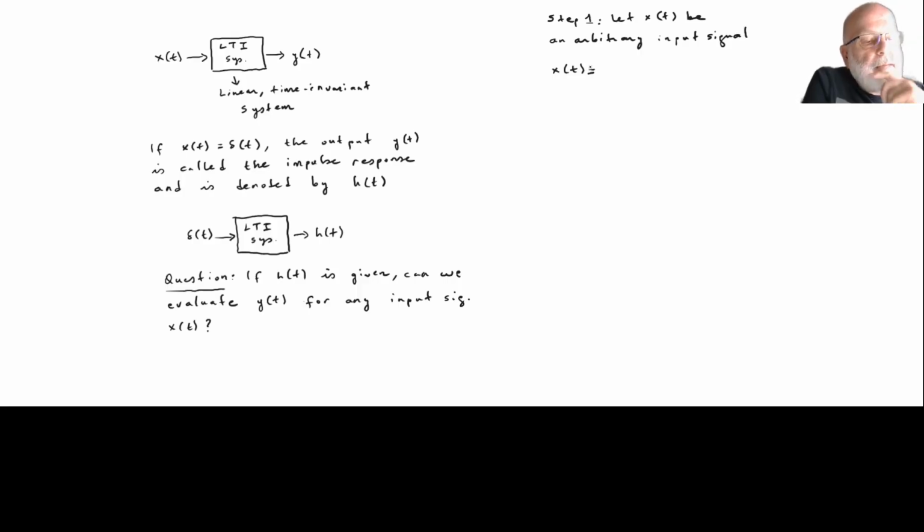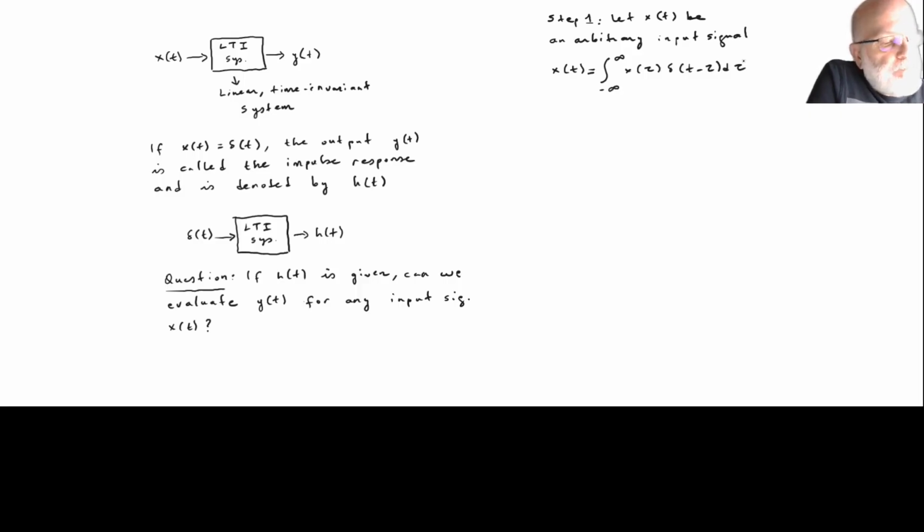But remember, at the beginning of this video, we have seen that any arbitrary signal can be represented in terms of a superposition of shifted impulses as follows: x of tau delta of t minus tau integrated with respect to tau.